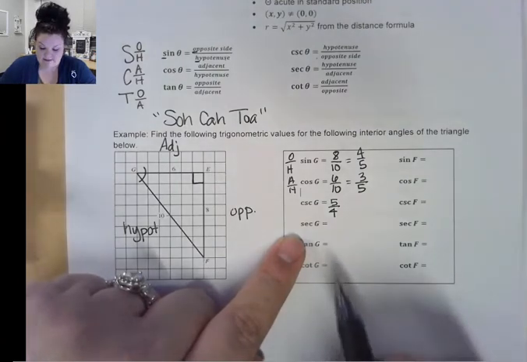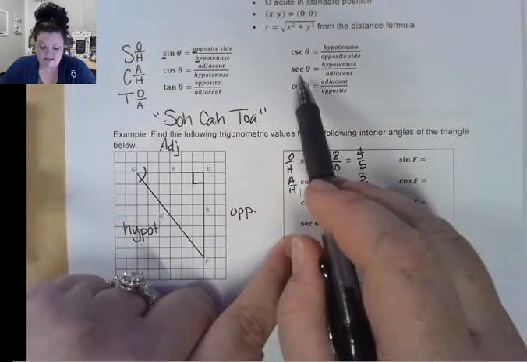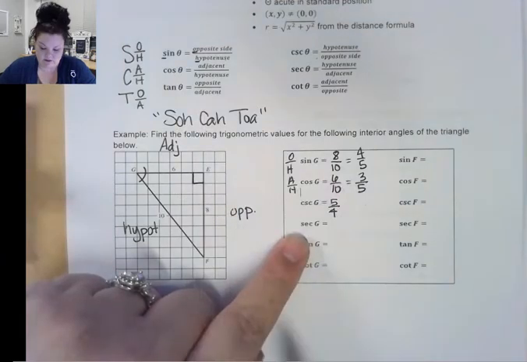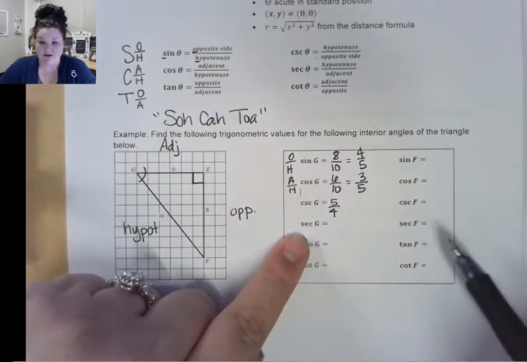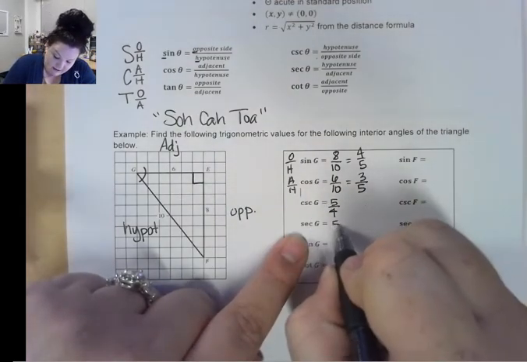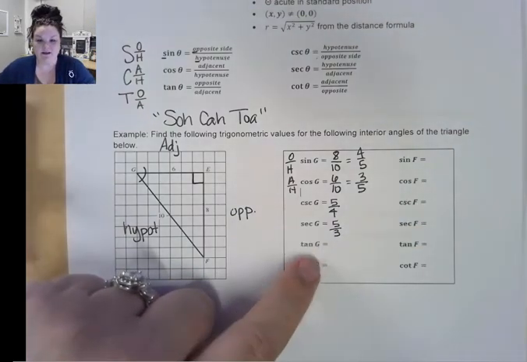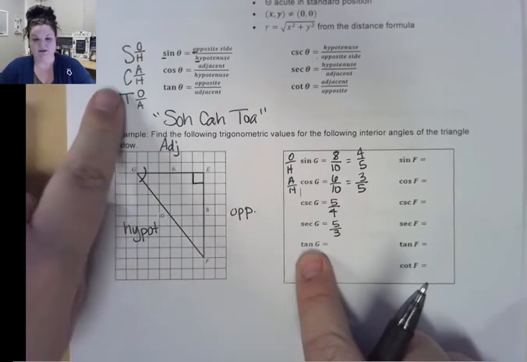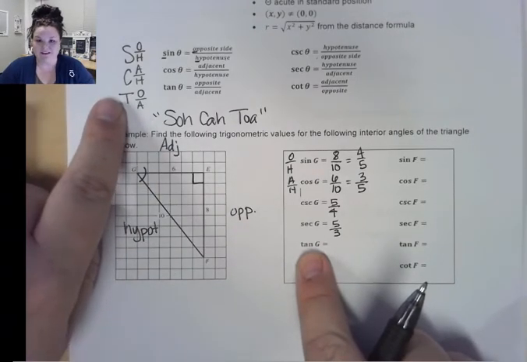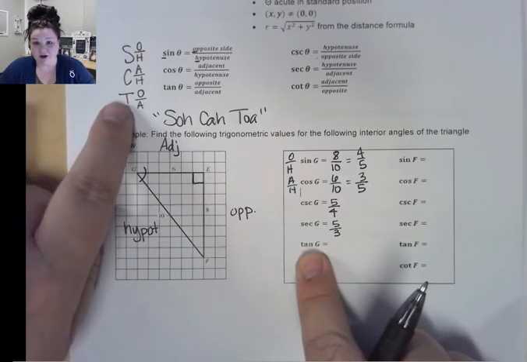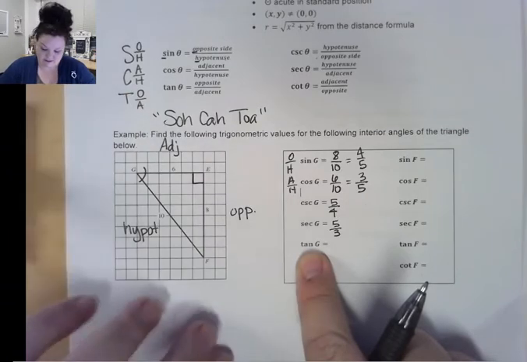And then secant G is the inverse of cosine. Now that I know cosine is 3/5, I can just flip that and get 5/3 for our secant value. Then for our tangent, I'm going to go back to our little shortcut, our SOHCAHTOA. Tangent is the TOA part of it, so opposite over adjacent.